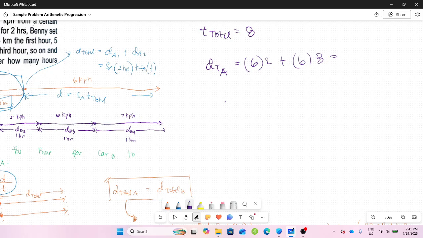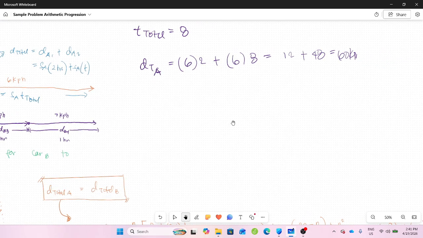So this becomes 6 times 2 is 12 plus 48. That's 60 kilometers. So it traveled 60 kilometers.